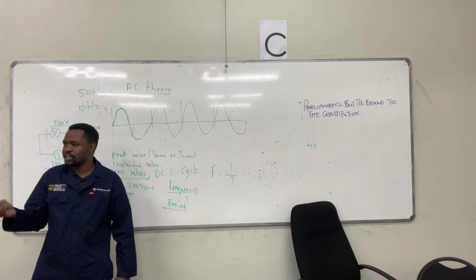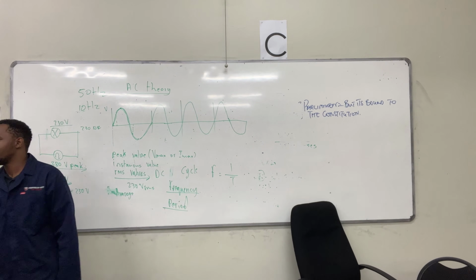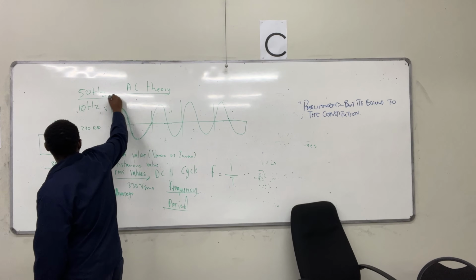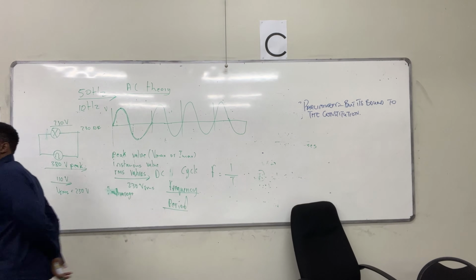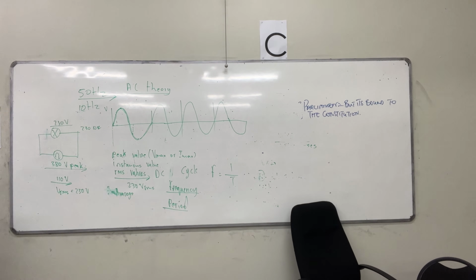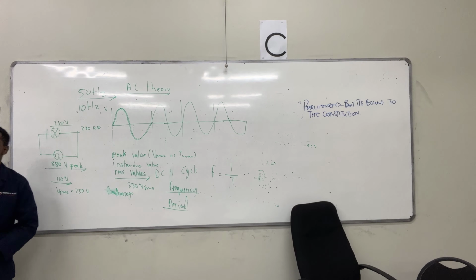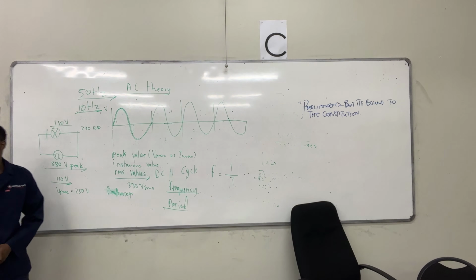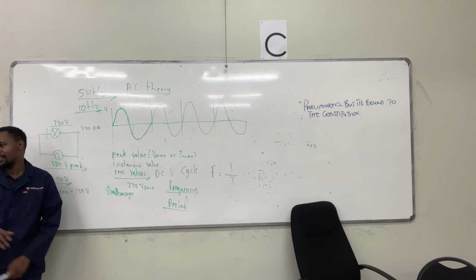Basically, this bulb is always flickering on and off, but because that flickering is taking place at 50 times per second, your brain cannot perceive it. You will only perceive it at, let's say, 10 hertz. Then you start to see, oh, this bulb is flickering.